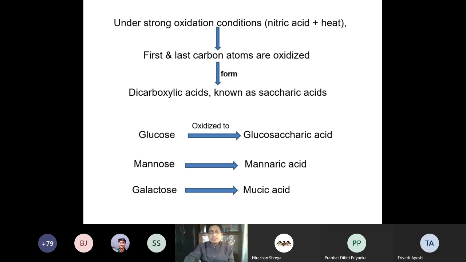That means in strong oxidation conditions, both the first carbon and the last carbon are oxidized, and they are known as saccharic acids. Only this much. In the case of glucose, if the first carbon is oxidized, gluconic acid. If only the last carbon is oxidized, glucuronic acid. If both the first and the last carbon are oxidized, then it is known as glucosaccharic acid.